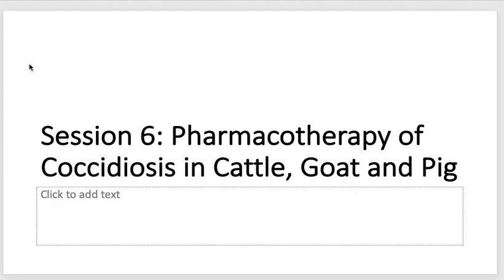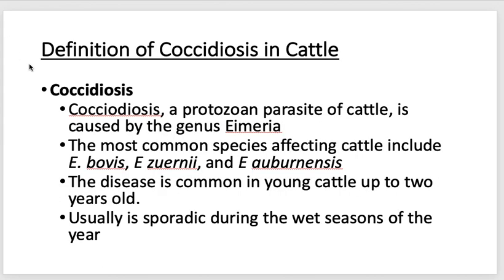So coccidiosis in cattle. First of all, coccidiosis is a protozoan parasite of cattle. It is caused by organisms of the genus Eimeria.